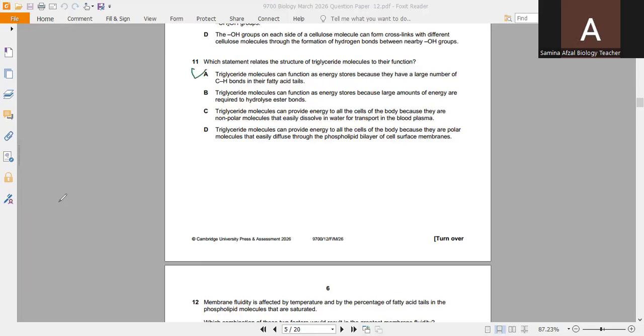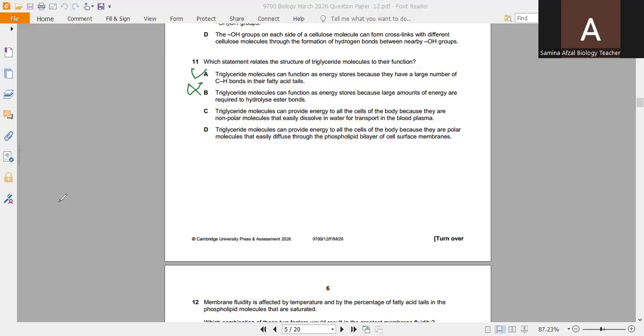Now B, triglyceride molecules can function as energy stores because a large amount of energy is required to hydrolyze ester bonds. The energy stored is released during the oxidation of hydrocarbons, not from the hydrolysis of the ester bonds. So this is not correct.